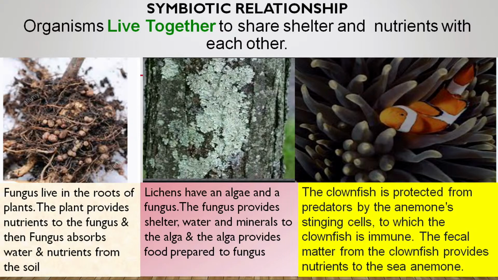Okay. Those nutrients are taken by the anemone. So the clownfish is getting shelter from the sea anemone, and the anemone is getting nutrients from the clownfish indirectly. Okay. So this is how they share. One is giving shelter, another is helping in getting nutrients. Both at the end are helping each other in a way. So they help each other and they live in a very harmonious way. I think children, we also have to live in that way.